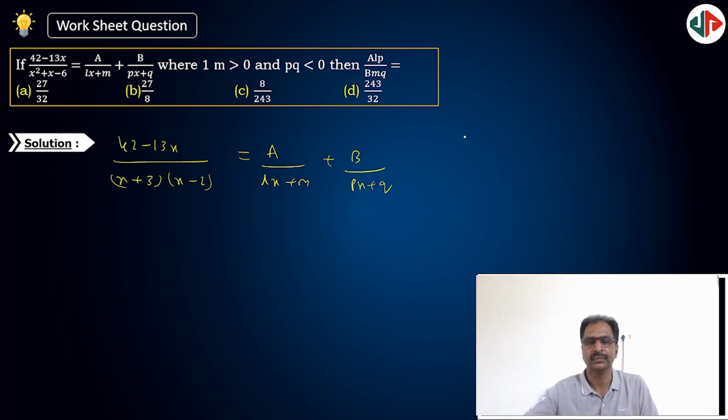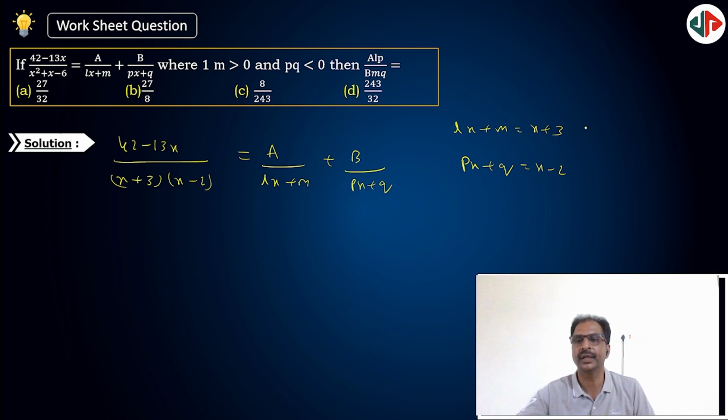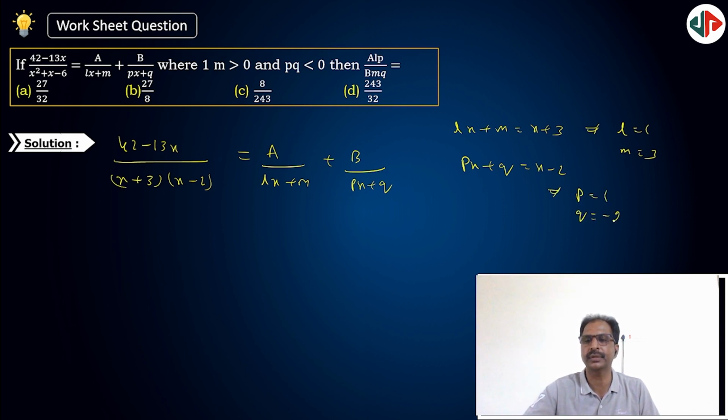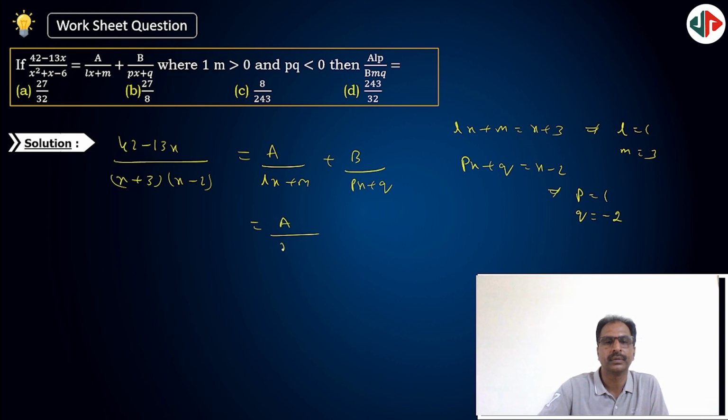So comparing these two, lx plus m should be x plus 3, px plus q should be x minus 2, because given that l into m is positive, so l is 1, m is 3, and p into q is negative given. So p is 1, q is minus 2, then only we will get p into q as negative. Therefore, this is A by x plus 3 plus B by x minus 2.